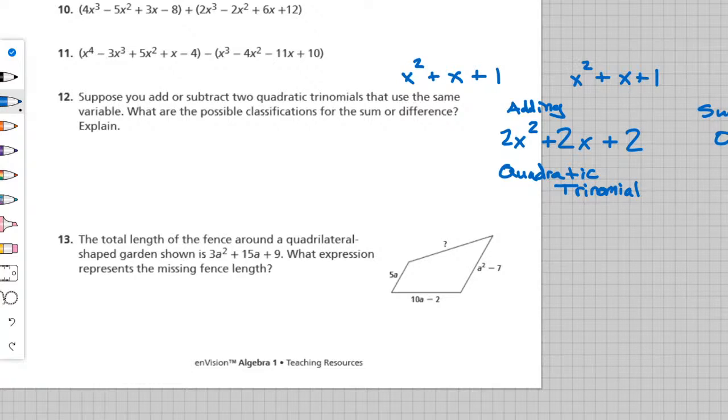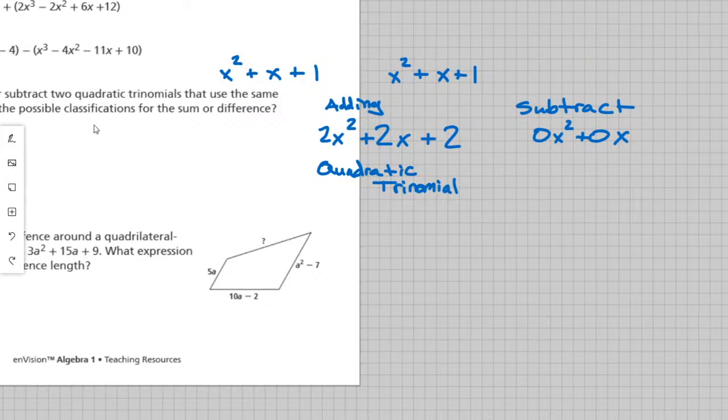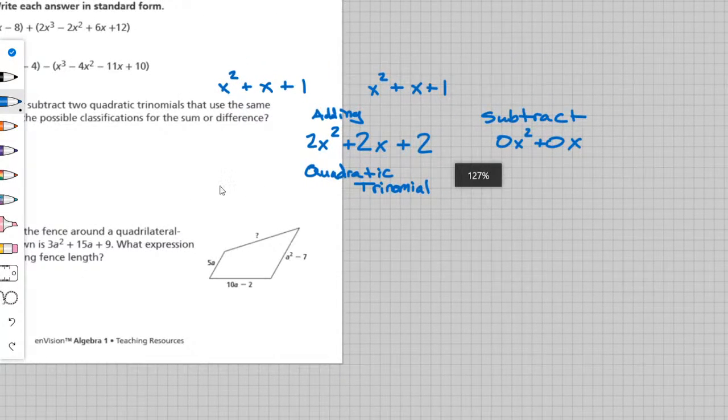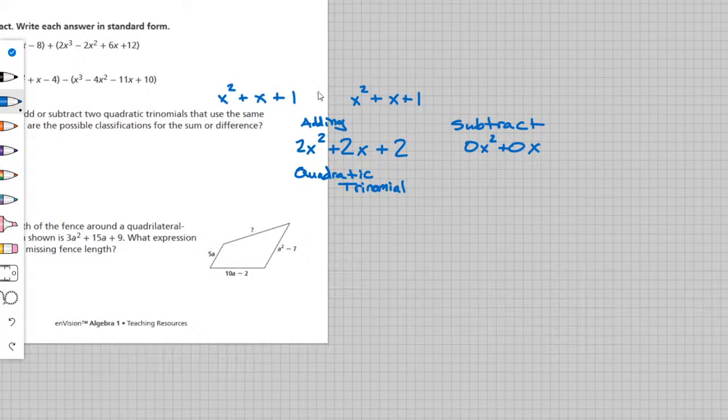Granted, you wouldn't be writing all of this. This is just extra, I'm going through the process. If you already know what the answer is from that, that's fine. 1 minus 1 would just be 0, so 0 plus 0 plus 0 is just 0.